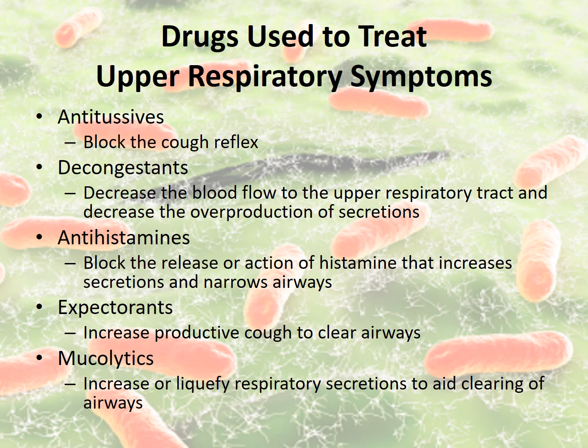So how are we going to treat this upper respiratory infection? Well, what we've got going on is antitussives. That's a nice word. I think it's a nice word. It looks pretty on the paper, huh? Antitussives. These are things that are going to block the cough reflex. So the doctor has to identify, is this a good patient to block the cough reflex on?